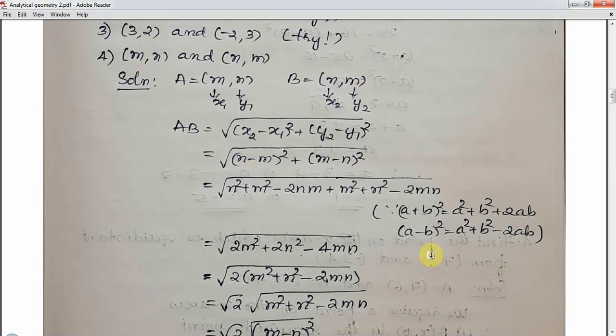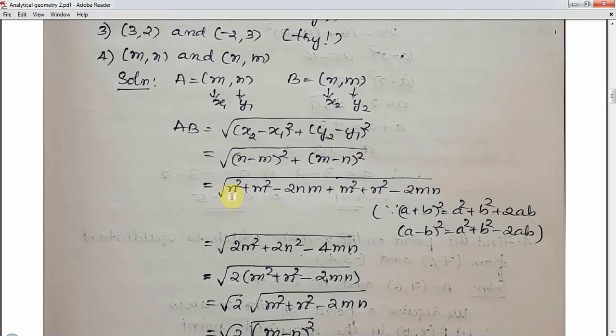We'll use the (a minus b) whole square formula. (a minus b) whole square is equal to a square plus b square minus 2ab. So (a minus b) whole square is equal to a square plus b square minus 2 into first one into second one. Similarly, here: first one square plus second one square minus 2 times first one into second one.